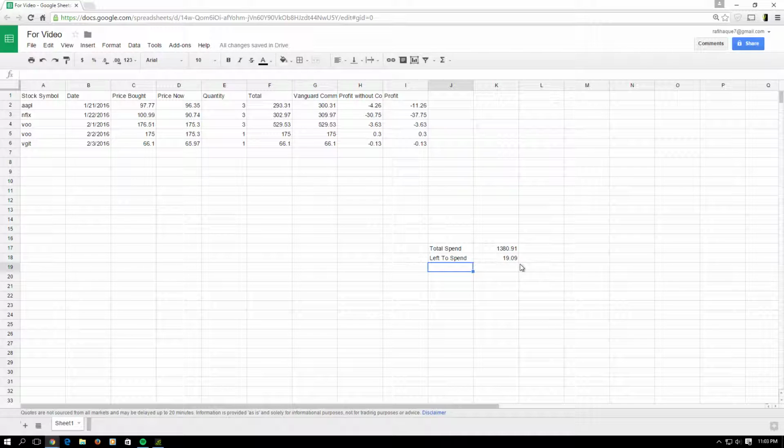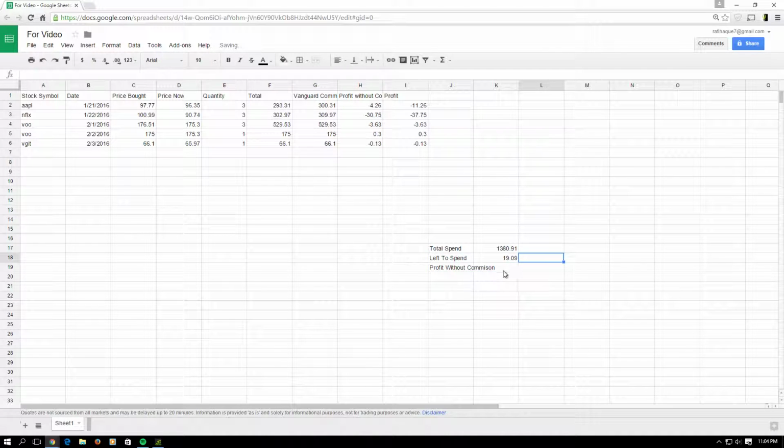I don't know if I said this before, but I'm going to reiterate that my starting balance was $1,400. And then we're going to do profit without commission, meaning if I did not pay Vanguard $7 every time I made a trade, then how much money would I have?